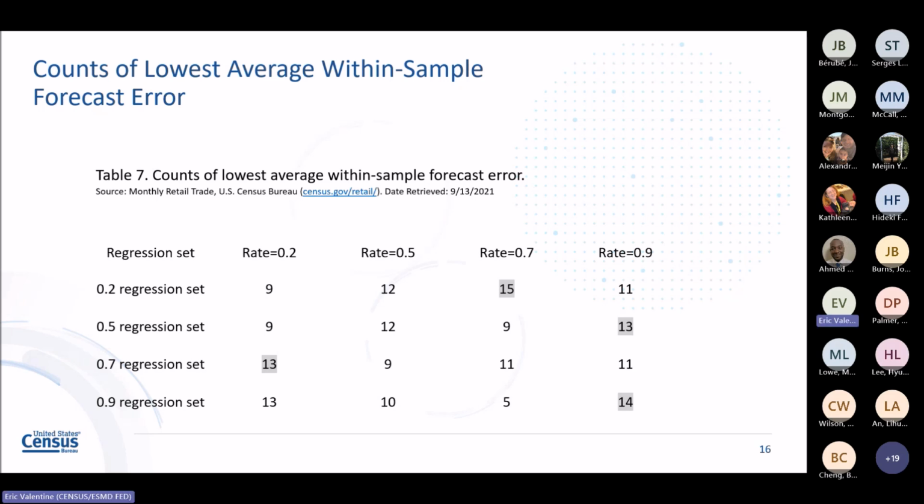This time I tracked the counts of the lowest within sample forecast errors. Rate 0.9 was the best for 2 regression sets, while rate 0.7 and 0.2 were each best once. The counts were not much different, as you can see in the table, so the so-called best rates were not the best by much.